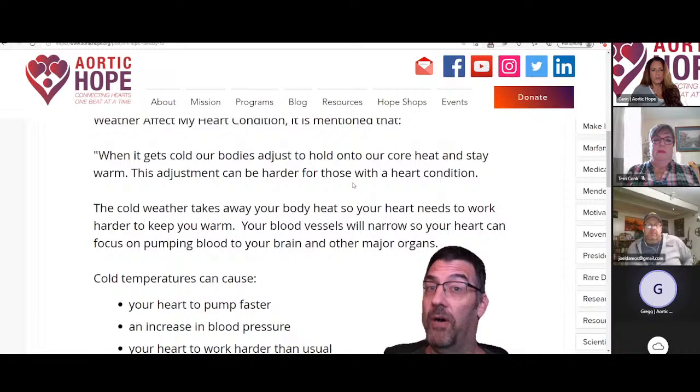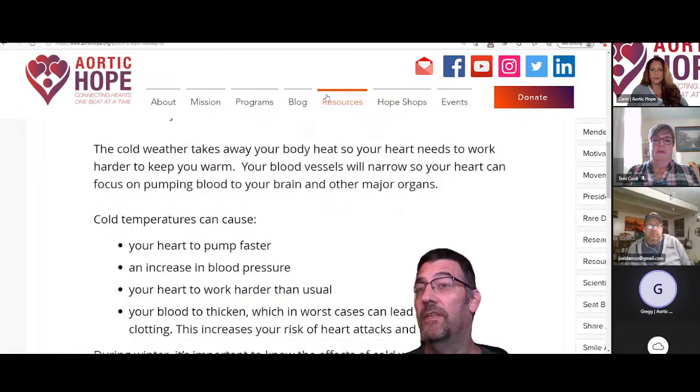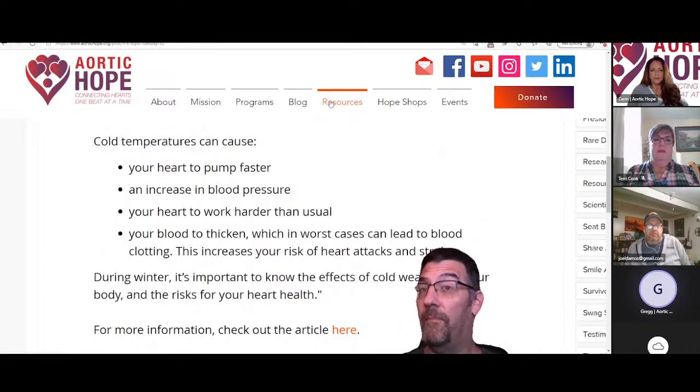So your blood vessels will narrow, so your heart can focus on pumping blood to your brain and other major organs. Cold temperatures can cause your heart to pump faster, an increase in blood pressure, your heart to work harder than usual, and your blood to thicken, which in worst cases can lead to blood clotting. This increases your risk of heart attacks and stroke.